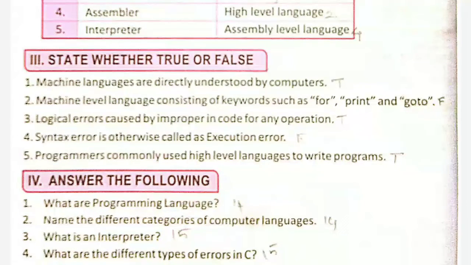Next is choose true or false. Machine level languages are directly understood by computers. True. Machine level language consists of keywords such as for, print, and go to. That is false.